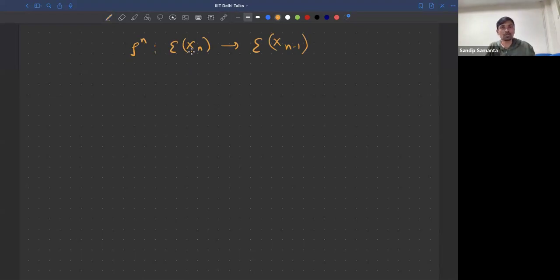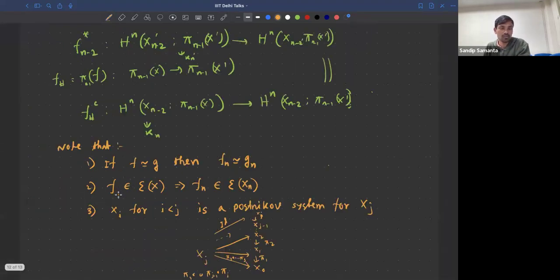It's just sending the corresponding homotopy equivalence to the nth homotopy equivalence that we have just seen: if we have a map at the X level, it sends the corresponding fn, a homotopy equivalence at the nth level. Now, as we have seen, the Xi from X0 to Xj and all the above are already a Postnikov system for Xj.